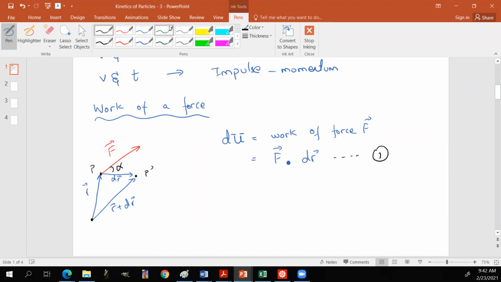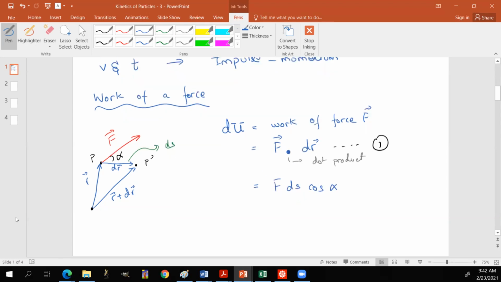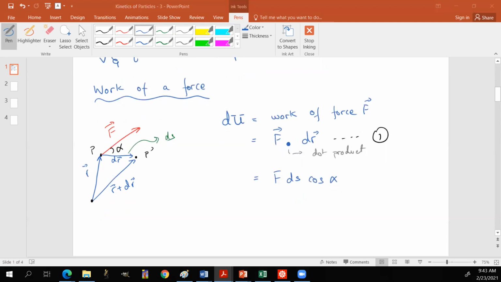Take note, this here is the dot product. If dr has a scalar value ds, and your force F has a scalar value F, you can write this expression as F times ds times cosine alpha. That comes from the definition of the dot product.